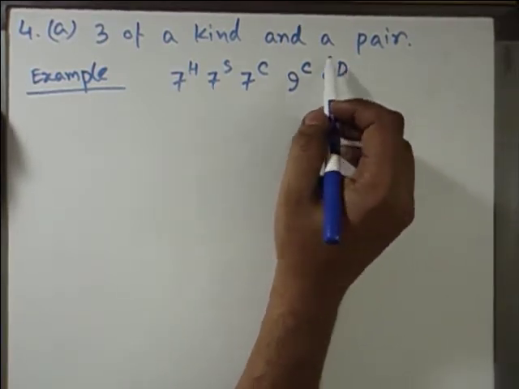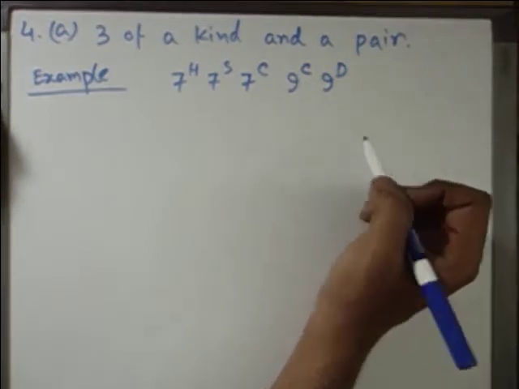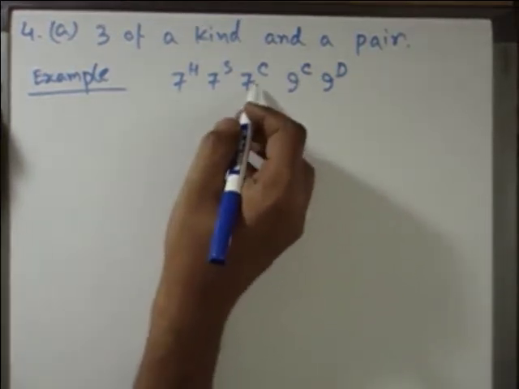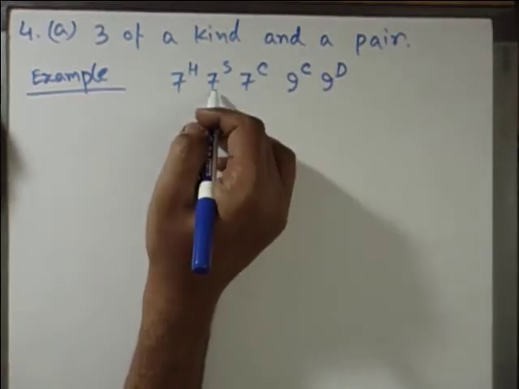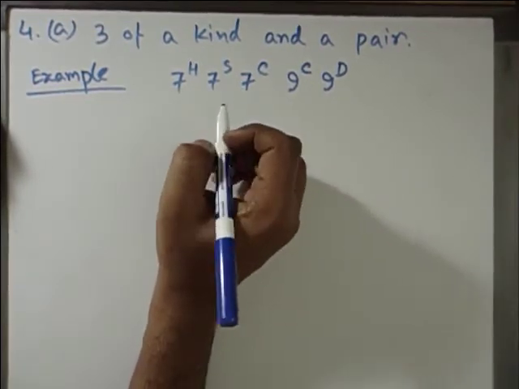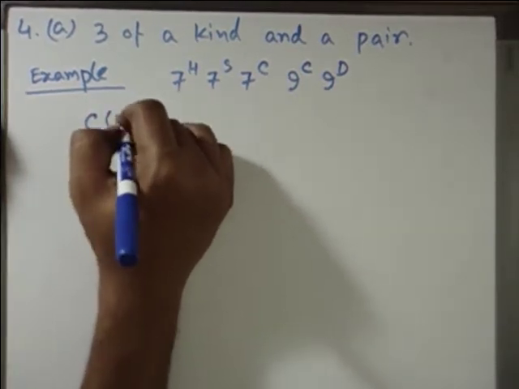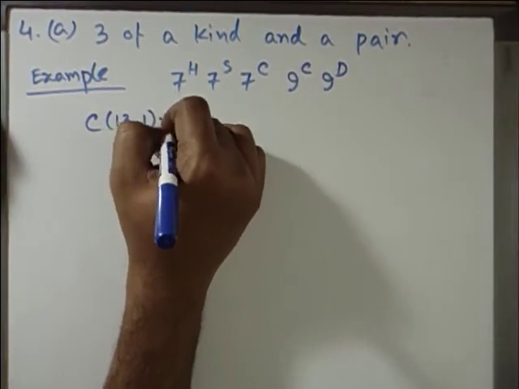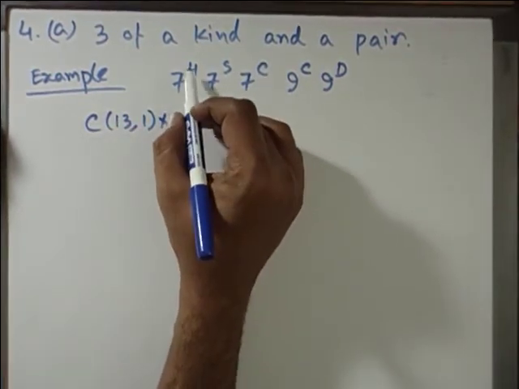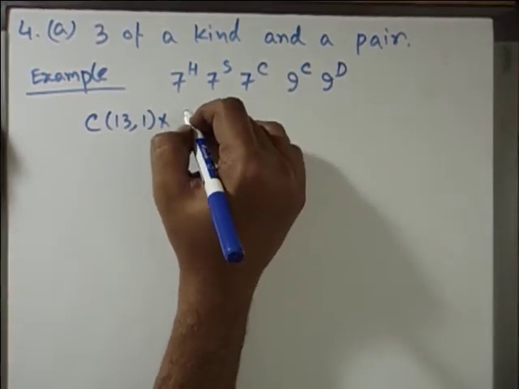How many full houses are there? So first choose the kind for the 3 of a kind. So that is 13 choose 1. Then choose the 3 suits for this.